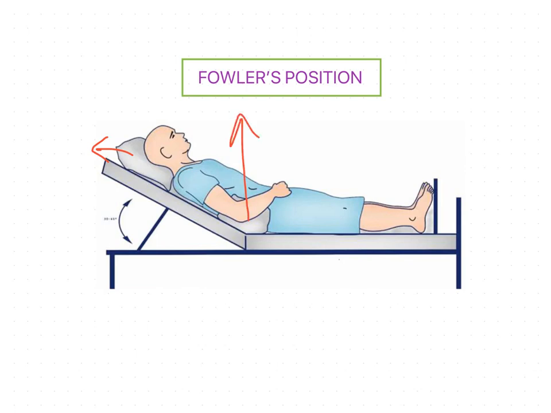It is the standard patient position to relax tension of abdominal muscles, and this helps in improved breathing in immobile patients and for increasing the comfort during eating. So this is the use of Fowler's position.